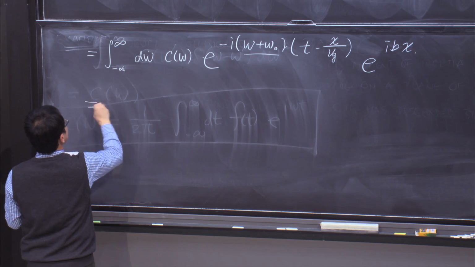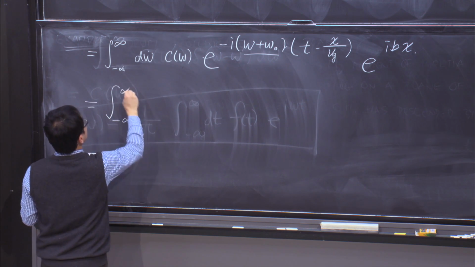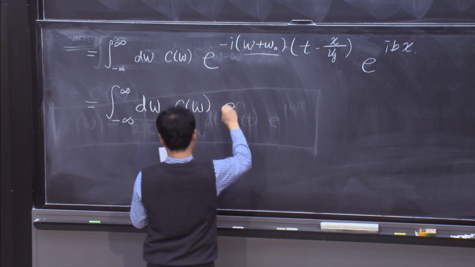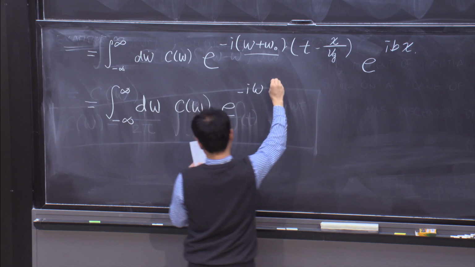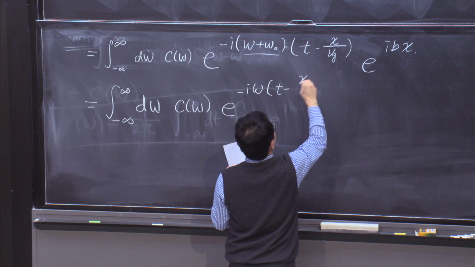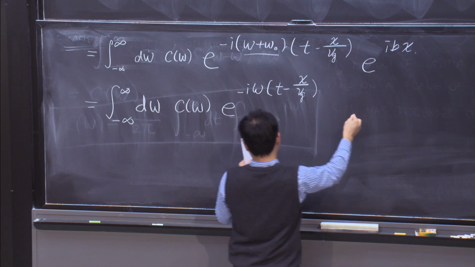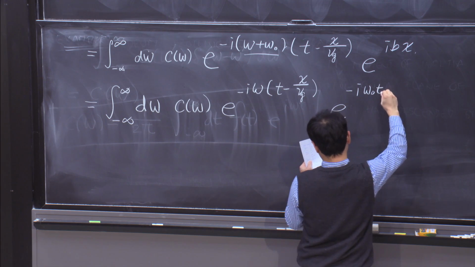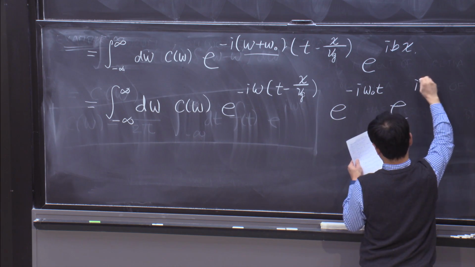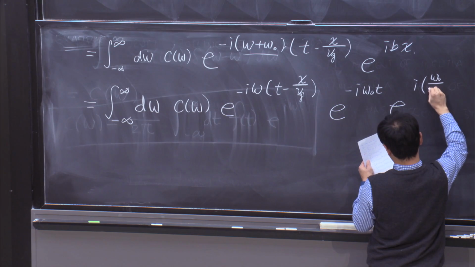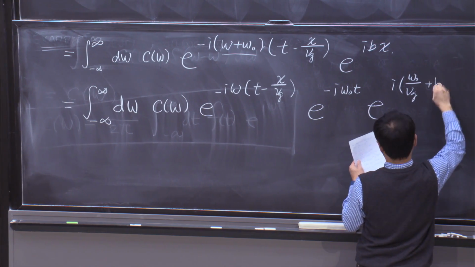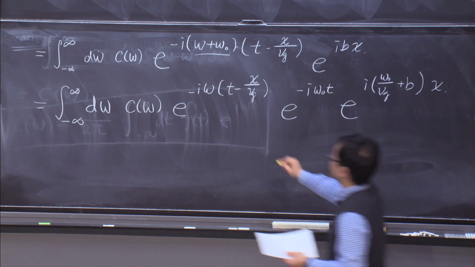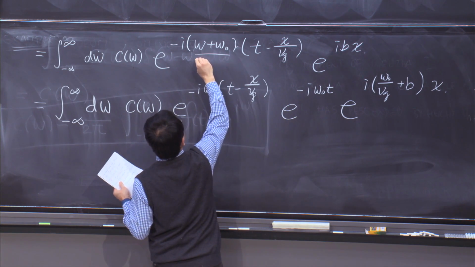Okay, so that means rearrange all those terms: the integral from minus infinity to infinity d omega c omega, exponential minus i omega (t minus x divided by Vg), exponential minus i omega 0 t, exponential i (omega 0 over Vg plus B) x. So basically, there's really no magic. What I'm going to do is really to rearrange all those terms.